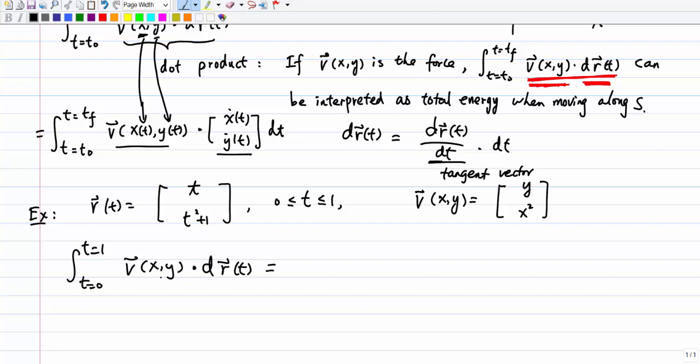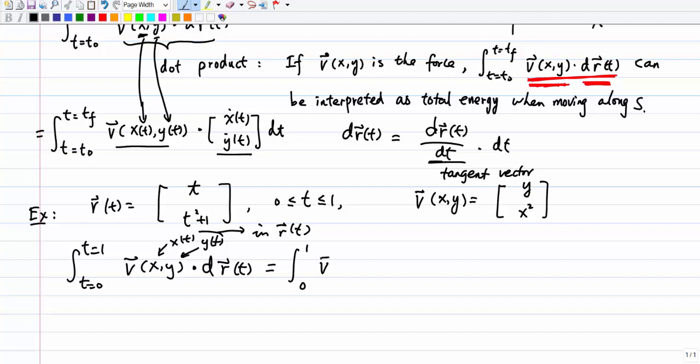Now we have to replace x by x(t) and y by y(t). So x and y are both defined in my r_t, basically. We're doing integration over t, which doesn't change, it's still from 0 to 1. I drop the t and just use 0 to 1.